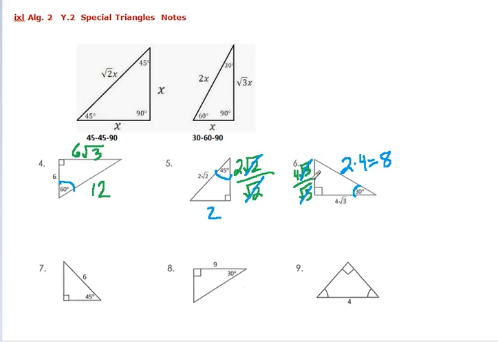These cancel out. So the short leg is 4 units long. And the hypotenuse is going to be 2 times the short leg, right? Which is 8 units long. Got that.